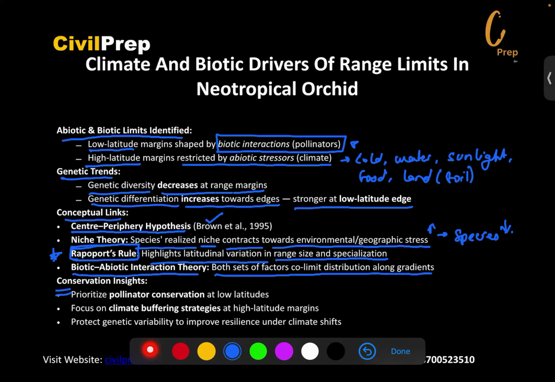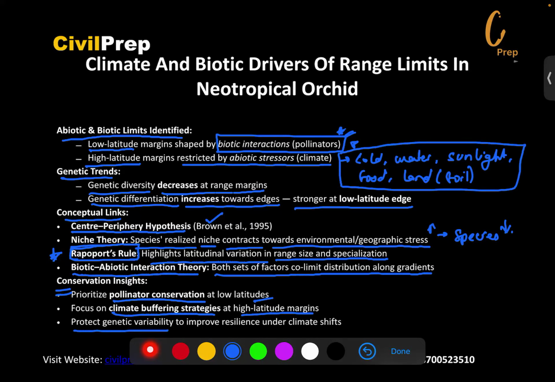Then certain conservation insights: pollinator conservation at low latitudes is needed because it is the major part helping in the biotic interaction. Climatic buffering strategies are needed at the high latitude margins, because here the harsh climate is acting as a limiting factor. And protect genetic variability to improve resilience under climate shift.